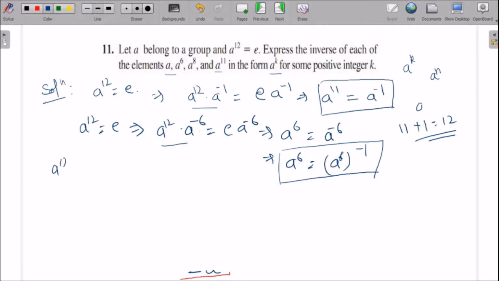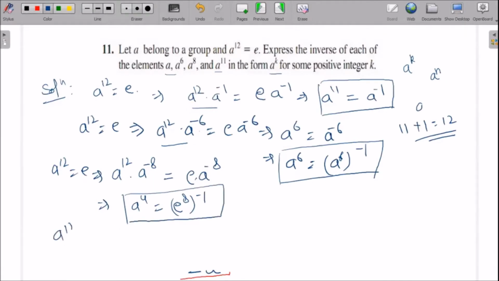a to the power 12 equals identity, and let us multiply both sides with a to the power negative 8. This implies that a to the power 4 equals a to the power 8 inverse.